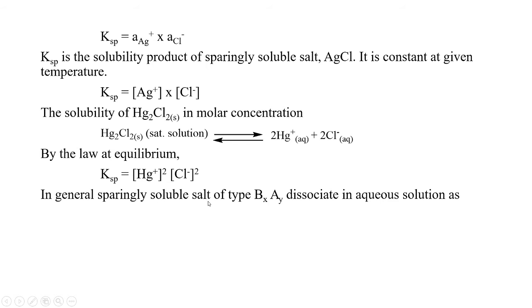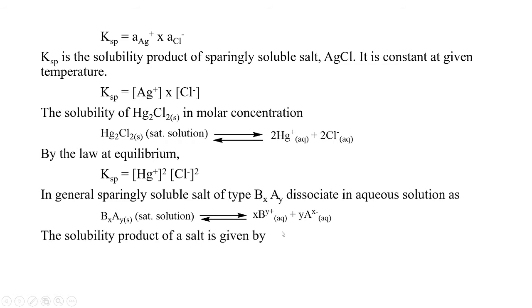In general, a sparingly soluble salt BxAy dissociates in aqueous solution as follows. This is the general reaction, BxAy solid in saturated solution. The equilibrium is set up between the salt and its ions. So it will give x B^(y+) and y A^(x-).